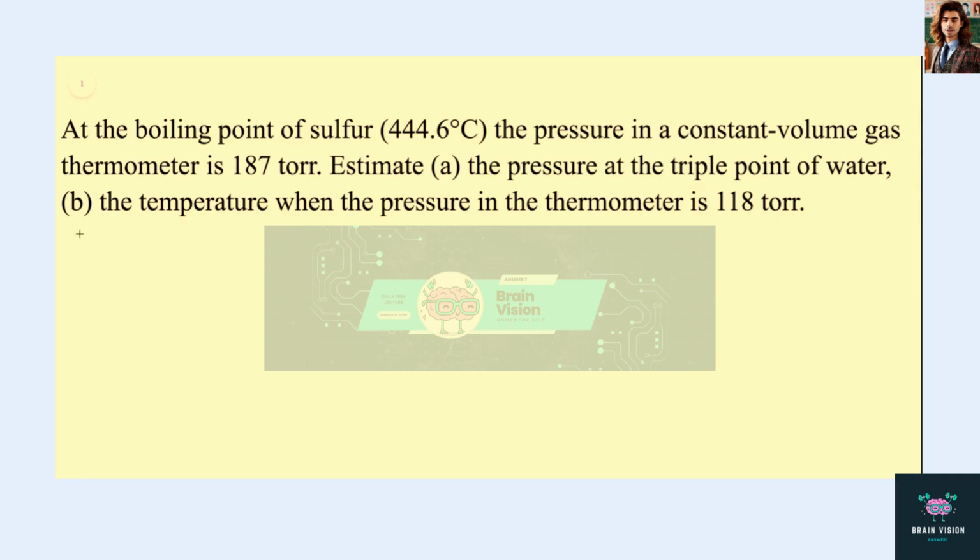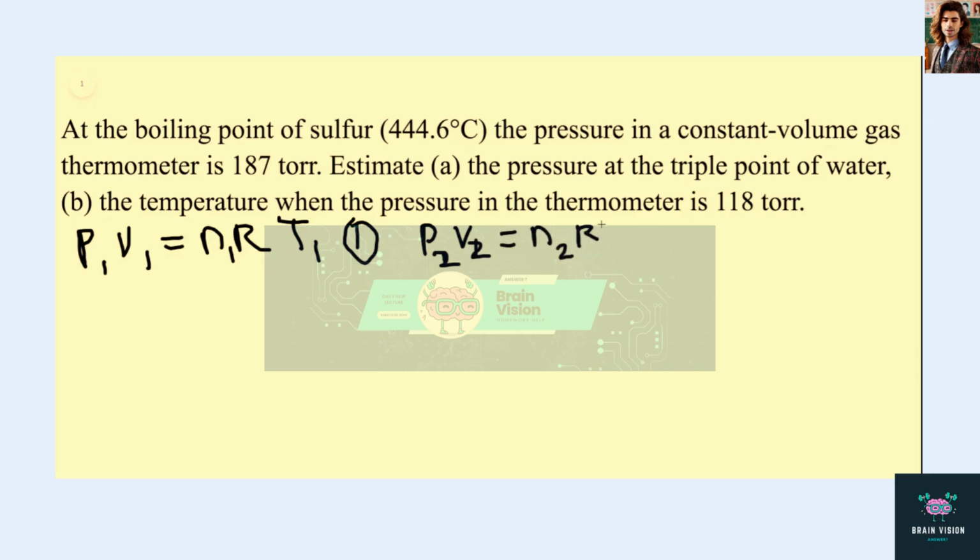Starting from the two versions of the ideal gas law: P1 V1 is equal to n1 R T1, so pressure times volume is equal to the number of moles times the gas constant times T1. That's equation 1. Equation 2 is P2 V2 is equal to n2 R T2.